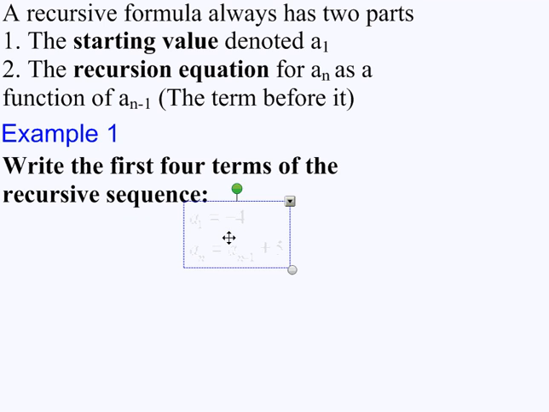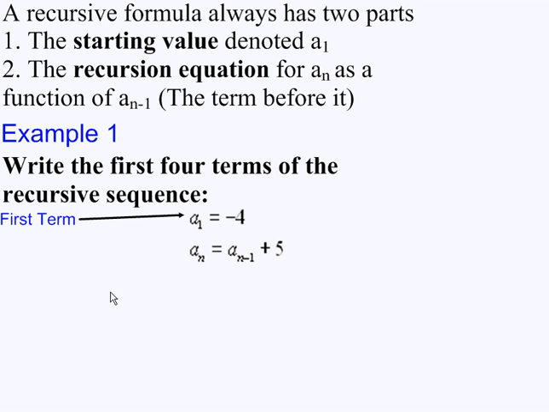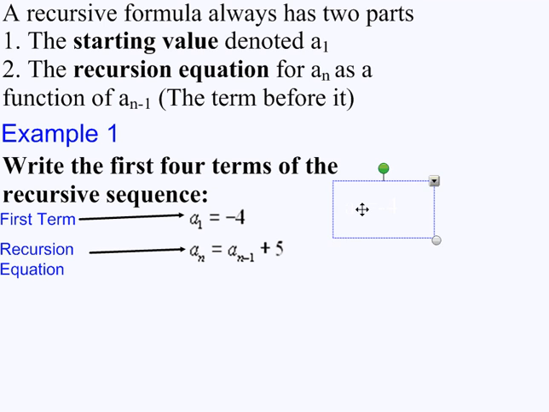So let's look at an example here. We're asked to write the first 4 terms of this recursive sequence. So here we have our first term, and here we have our recursive equation. And we're asked to find the first 4 terms. Okay, so the first one is -4. What this recursive equation is telling us to do is, you see this A_(n-1) here? It's telling us to take the previous term and add 5.